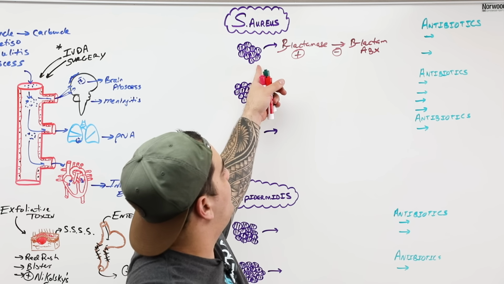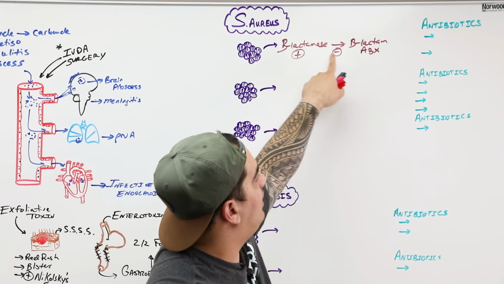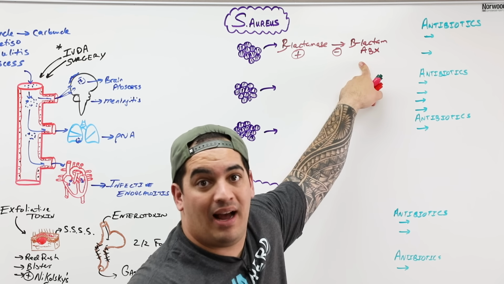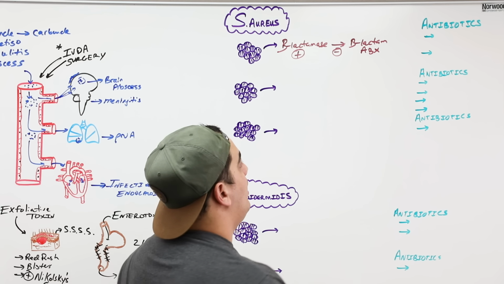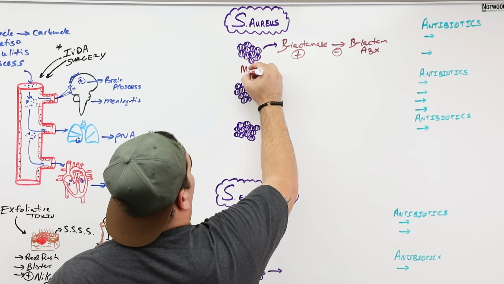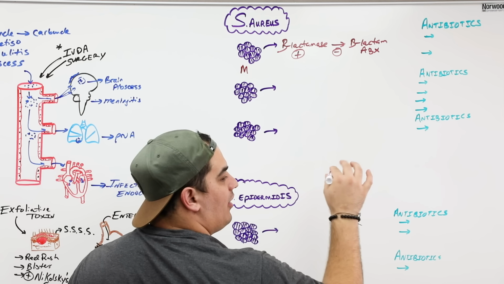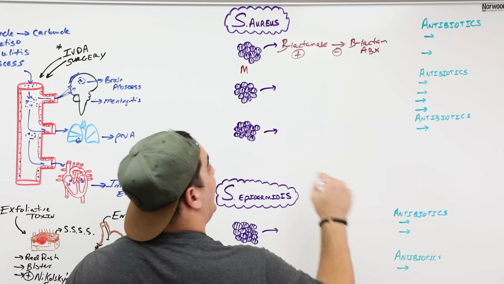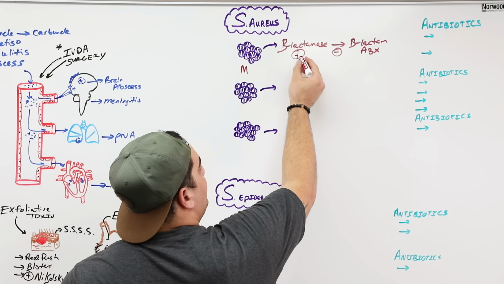So again, if the Staphylococcus aureus releases this beta-lactamase, it can inhibit certain beta-lactam antibiotics from being effective. This puts this type of Staphylococcus aureus in the category of not being resistant to another type of antibiotic called methicillin. It's sensitive to it. It just produces the beta-lactamase.